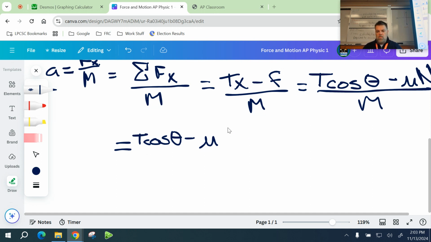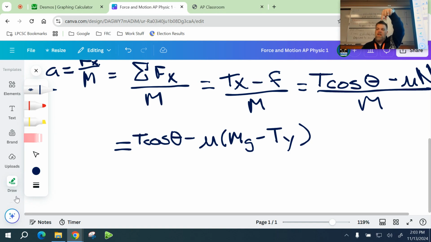Well, the normal force usually is mg. So this would be times mg, but I have to subtract the y component of the tension.